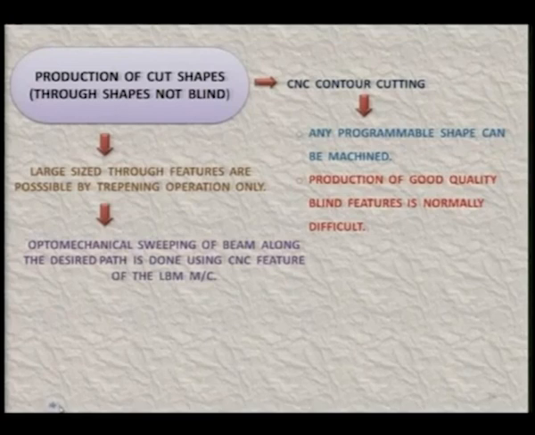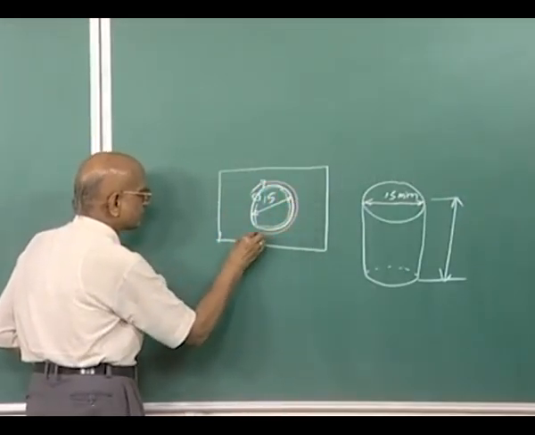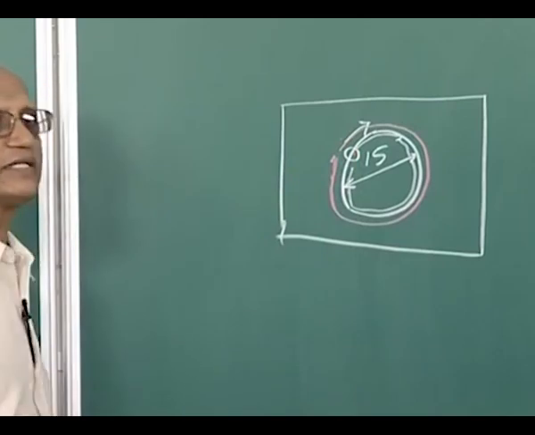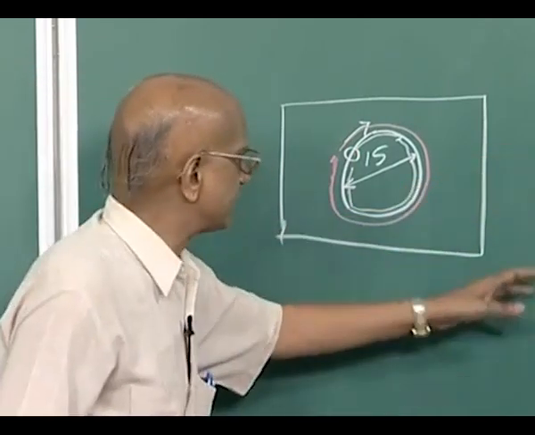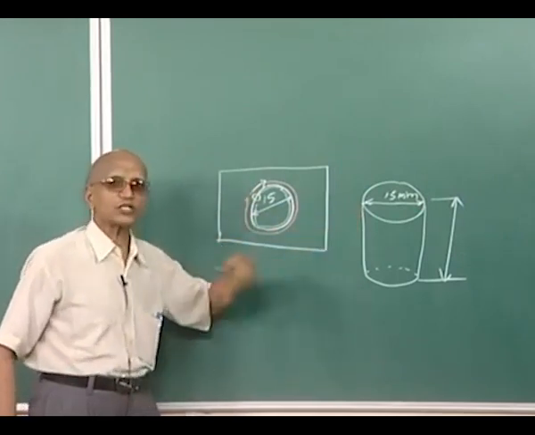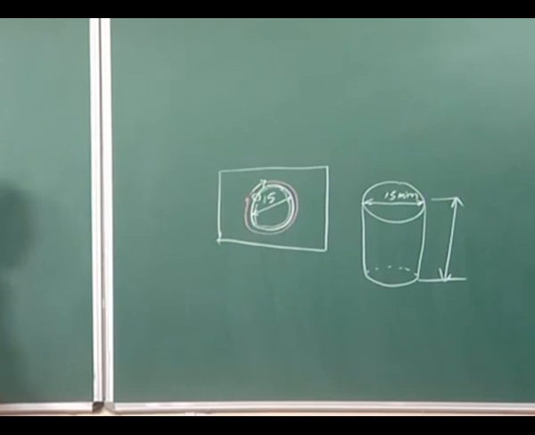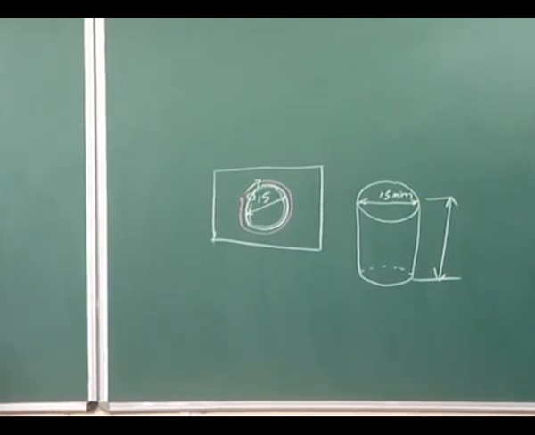I have already explained that the beam has to move along this periphery at a proper feed rate, because the beam has to cut the whole of this material either in one go, or you may take more than one go, that means more than one pass for removing the material by the trepanning operation. It depends upon the thickness of the workpiece or the height of the solid material that you are taking out.